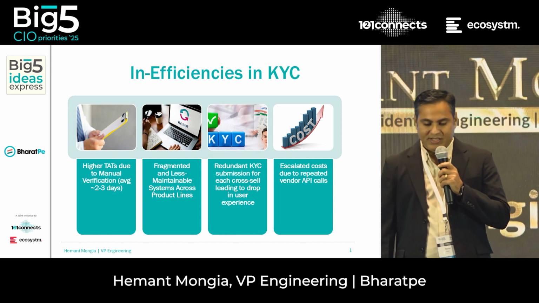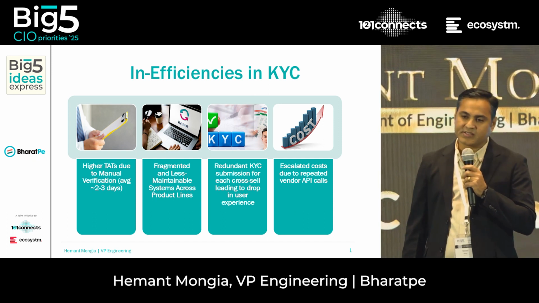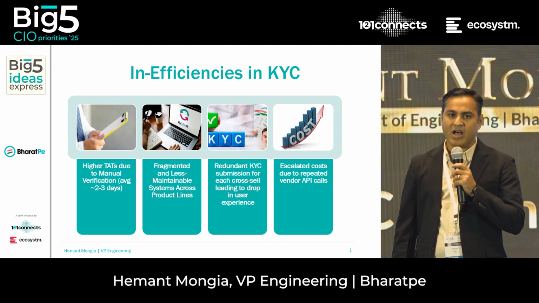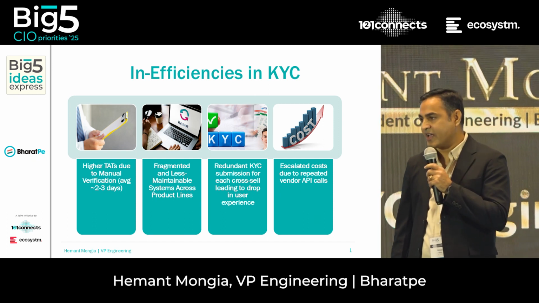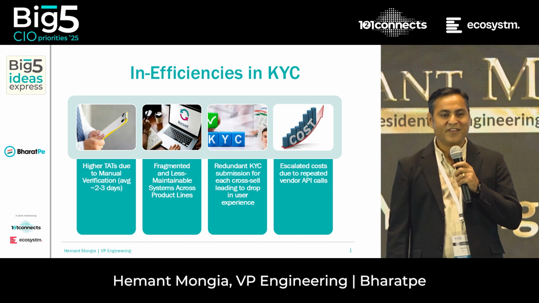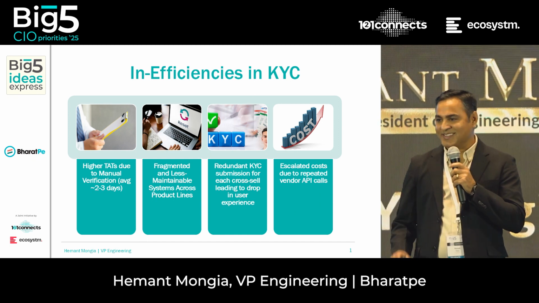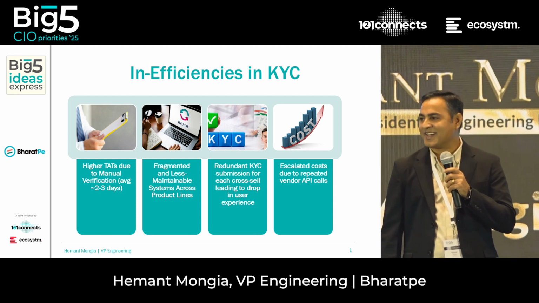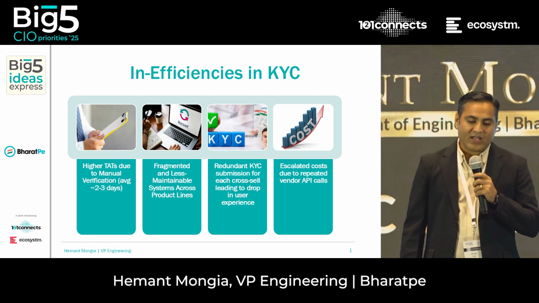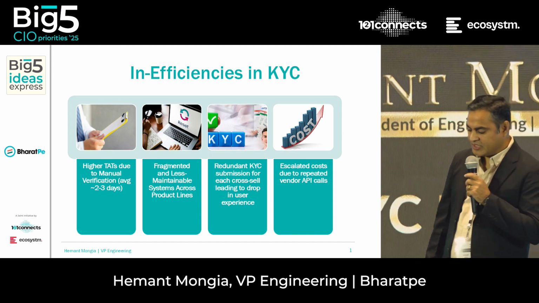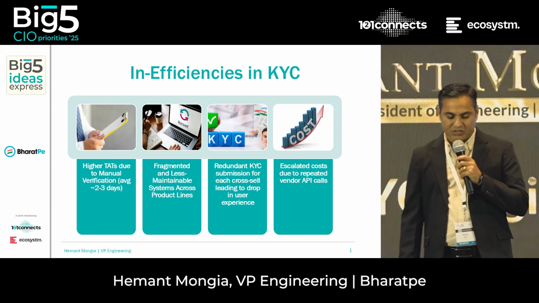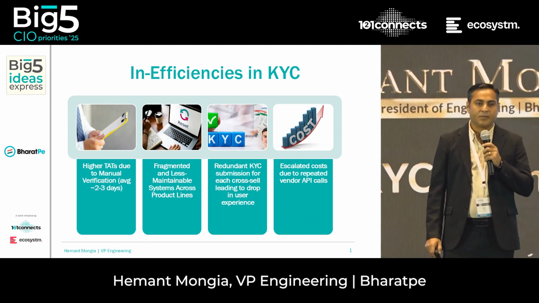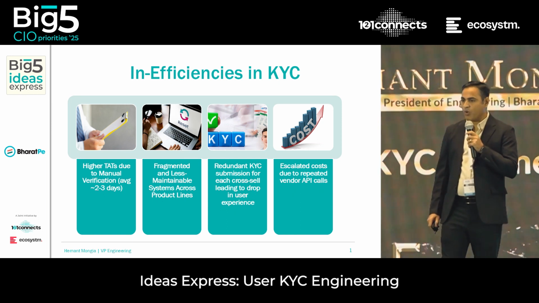The third point was the user experience, because when you are asking for the same data again and again from your users, they feel frustrated. And I'm sure this is also an experience some of you might have had, right? The next one was the cost, because multiple product lines were processing the information in their own way.